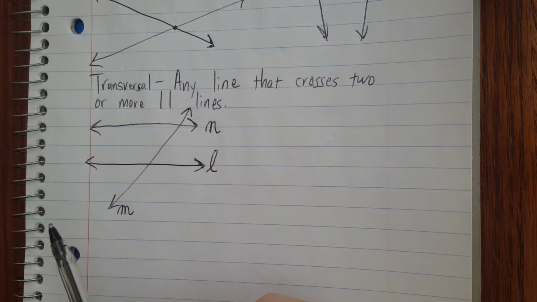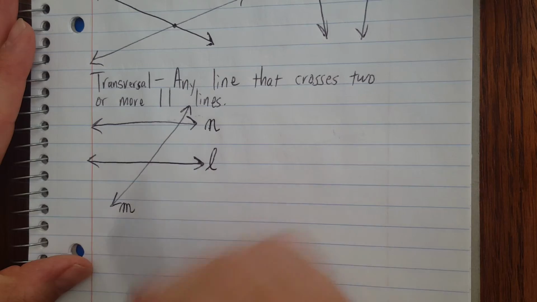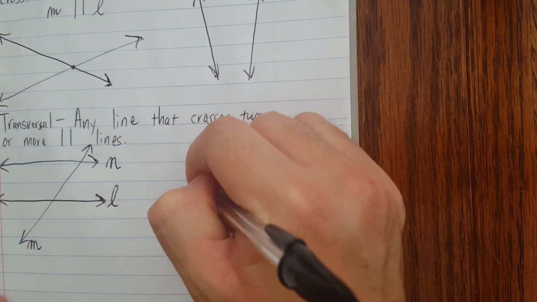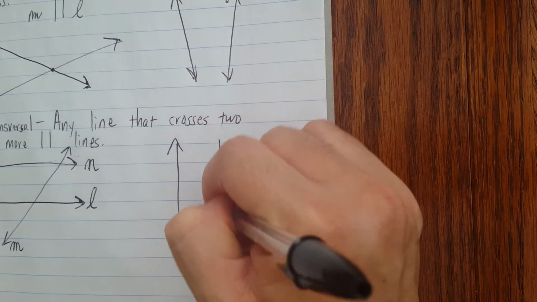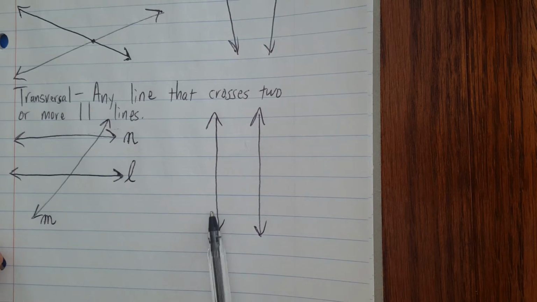And as you'll see in another video, there are a lot of other angle relationships that pop up as a result of this. Now, a transversal doesn't have to be just like this. It can look something like this as well. So you could have these parallel lines right here. And again, you would be given in the beginning of the problem, yes, these are parallel.